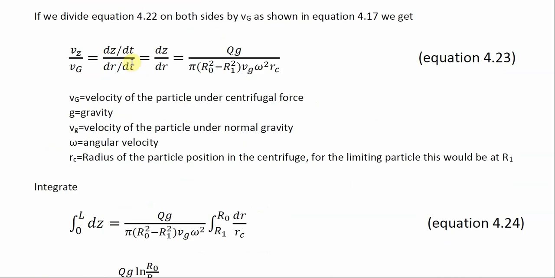Okay, if we divide equation 422, so the last equation, on both sides by Vg, as shown in equation 417, we get Vz divided by Vg equals dz/dr equals Q divided by pi, the radius of the centrifuge squared minus the radius of the fluid squared, times the velocity under gravity settling, times the angular velocity squared, times the radius of the particle position in the centrifuge.